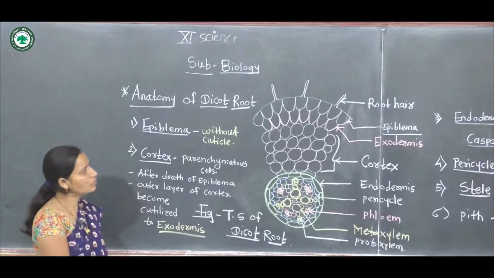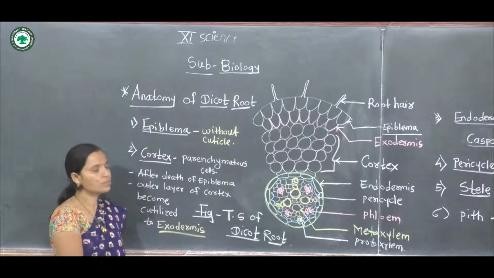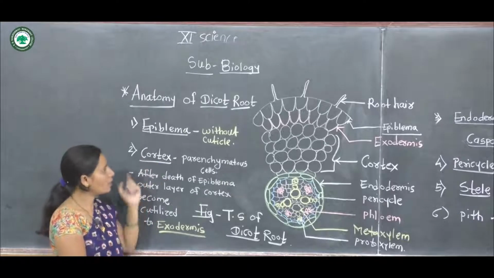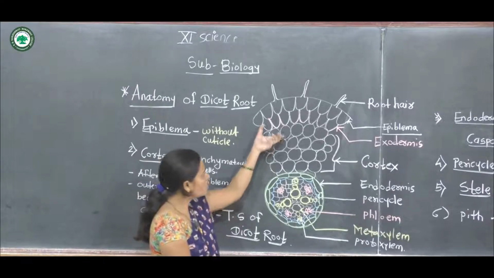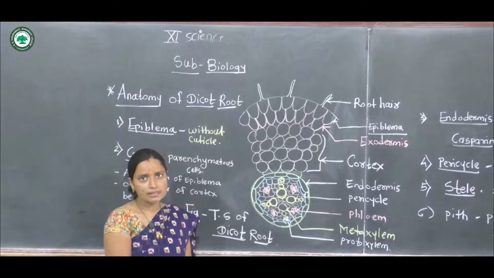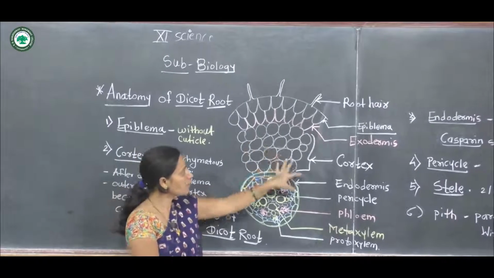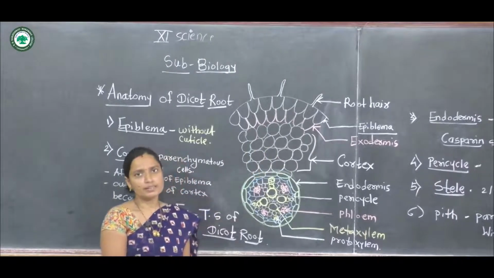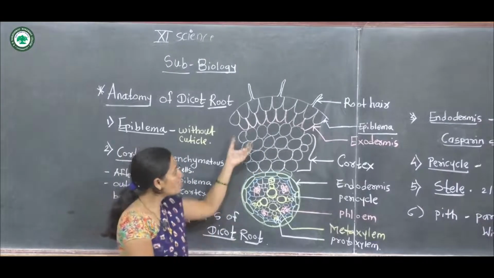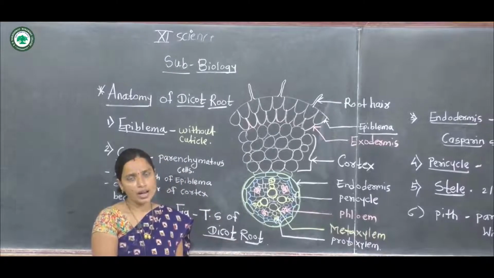The next part of the structure of this dicot root is the cortex. There are many cells in the cortex region. It is a transparent layer, and its most important function is the storage of water and food.